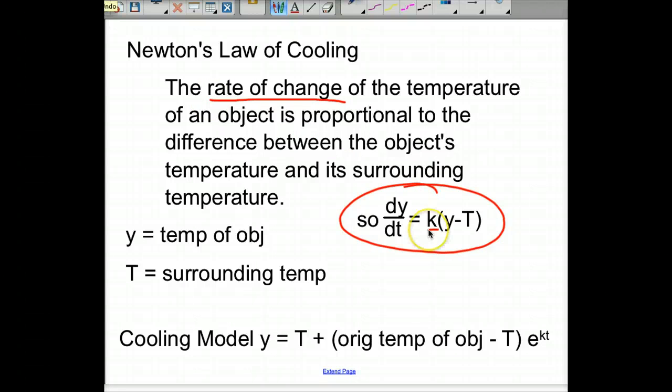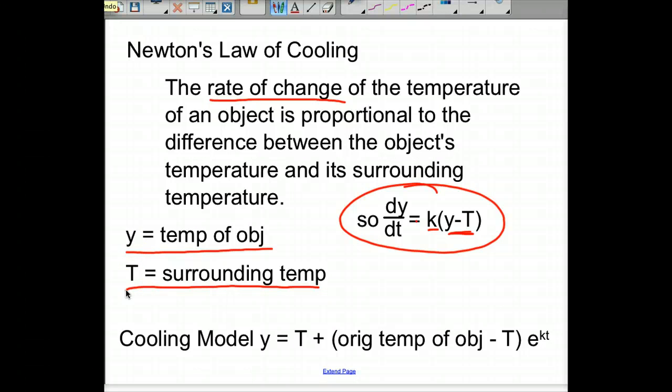And k is the proportionality constant, and then the difference between the temperature of the object and its surrounding temperature. So y will be the temperature of the object and T is the surrounding temperature.